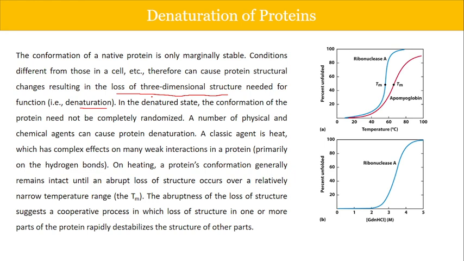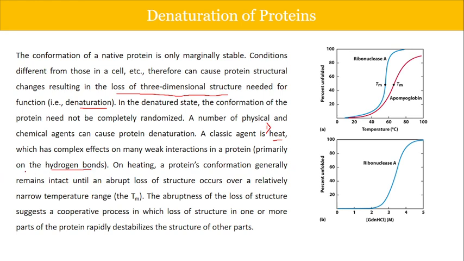Now in the denatured state, the conformation of the protein need not be completely randomized, and a number of physical and chemical agents can cause protein denaturation. A classic agent is heat, which has complex effects on many weak interactions in a protein, primarily the hydrogen bonds. So the heat actually breaks these hydrogen bonds.